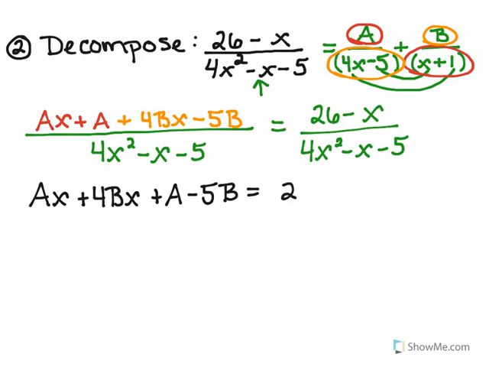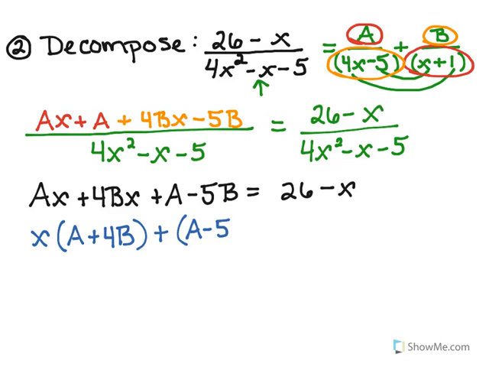And that's equal to 26 minus x. If I factor out the x here, I'll be left with x times a plus 4b, and then I have plus a minus 5b. And that's equal to 26 minus 1x.